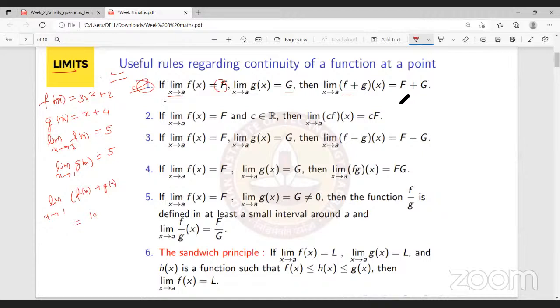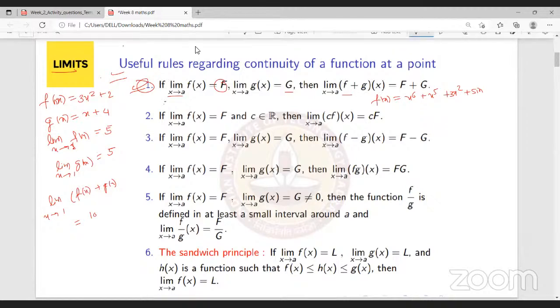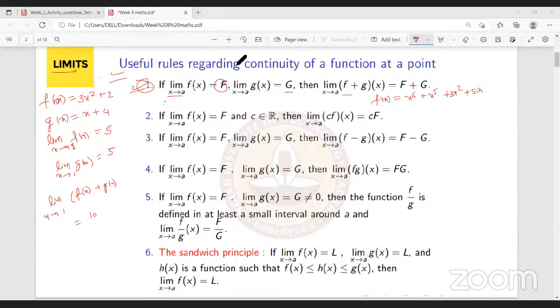Suppose we are given the function f of x as x to the power 6, x to the power 5, 3x square plus sin x.